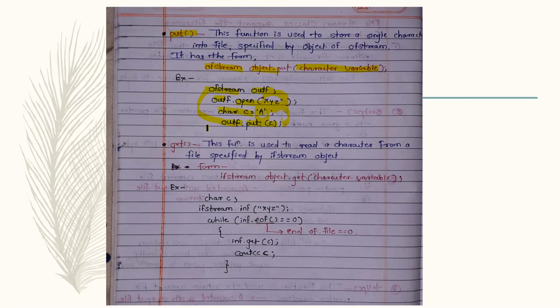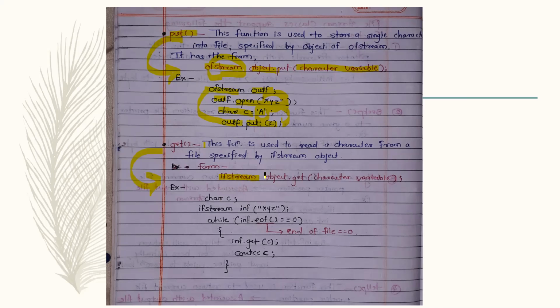Next is the get function. This function is used to read a character from a file specified by the ifstream object. Here we create an object of ifstream because ifstream is used for input and ofstream is for output. In the put function, we insert a value into a file, means we give input. In get, we get the output, that is, we read a character from a file.